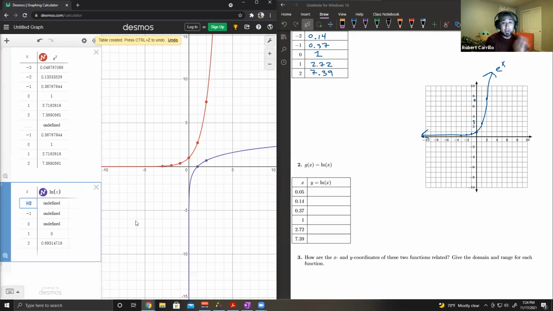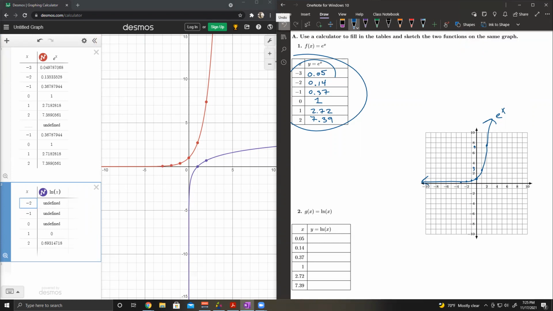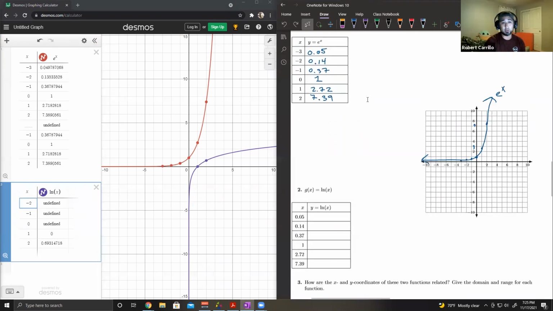But what's great about this is that now we know that e to the x and the natural log are true inverses of each other. So we actually just have to look at the table we made above and do what with it? Reverse it, flip it, swap it.